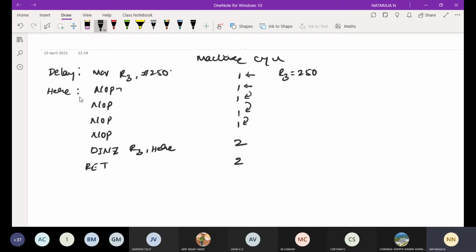What is the purpose of giving no operation? I'm delaying. For example, at 1:30 my class starts. In the first 5 minutes I explain the block diagram of 8051. After 10 minutes I will not explain anything. Why? Because I am making a delay, passing the time by using no operation. I am not doing anything, simply staying quiet.